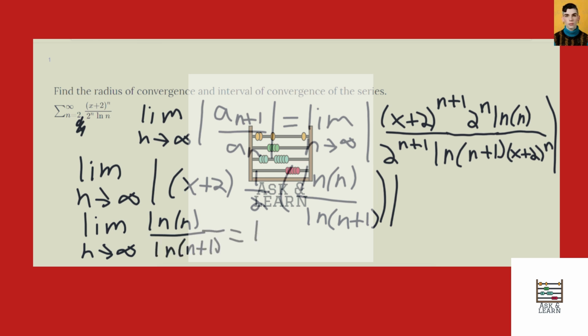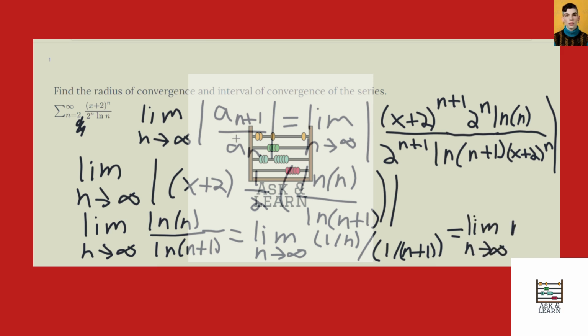You do the derivative of the top divided by the derivative of the bottom, so we'd get 1/n divided by 1/(n+1). So we'd get the limit as n goes to infinity of (n+1)/n, which is just 1. So ln(n) over ln(n+1) does go to 1.